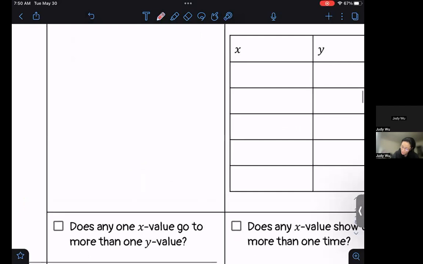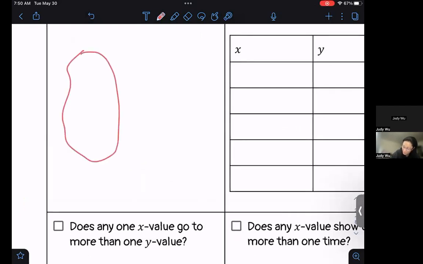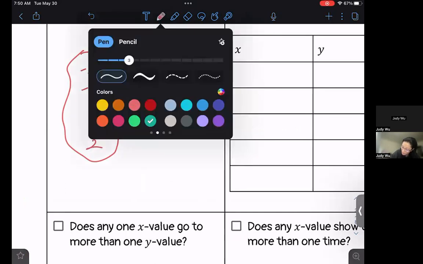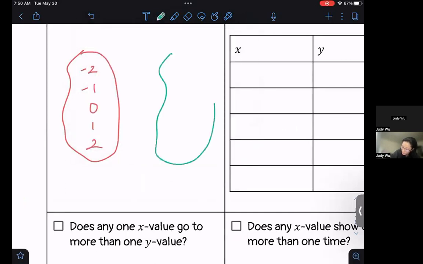In our mapping diagram, in the domain, or the first set, I'm going to give us 5 numbers: -2, -1, 0, 1, and 2. In the second set, or the range, or the output, I'm also going to give us 5 numbers: -7, -4, -1, 2, and 5.